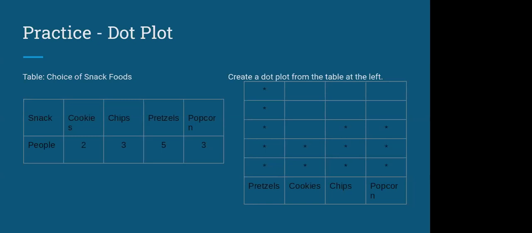Do 2 times as many people like pretzels than cookies? Well, by looking at this, you can tell right off the bat whether that is a true or false question. Okay? But again, you see how each individual person felt when you use a dot plot.